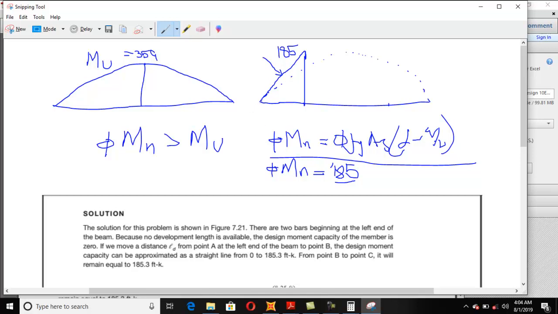But the moment capacity is considered to be 0 at this point. Why? The reason is that at this point the bar does not have sufficient length to develop this stress value, because the bar is at the end point.